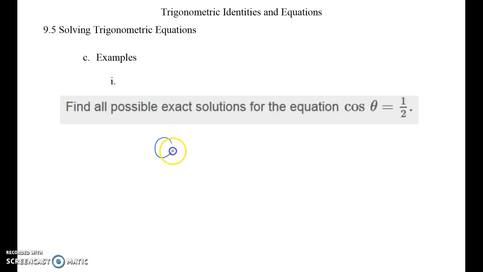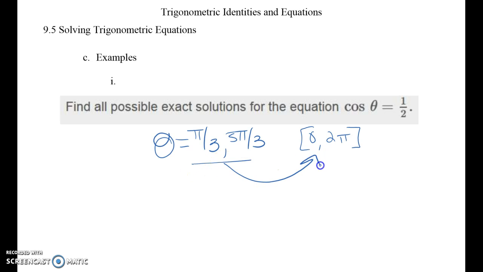According to the unit circle, that would be where theta is equal to pi over 3 and 5 pi over 3. And we are just looking within the domain from 0 to 2 pi, so we want to keep that in mind. So if I want to find all possible exact solutions, here are the two that are within this domain of 0 to 2 pi.